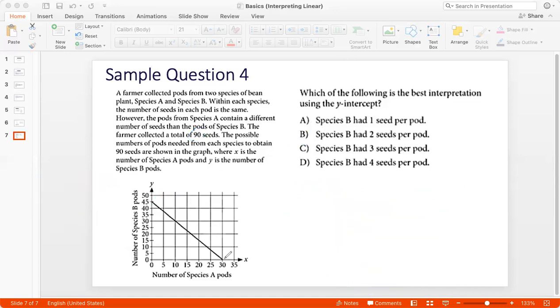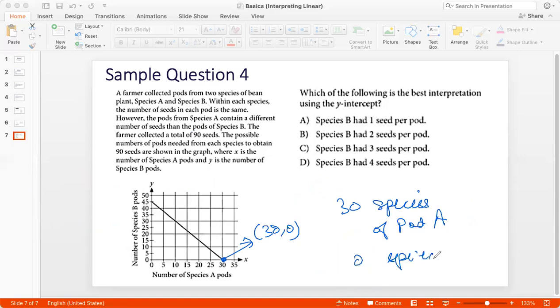What is the x-intercept? The x-intercept is (30, 0), which means 30 pods of species A and 0 pods of species B. And here also, he was able to get 90 seeds. So let's say the number of seeds per pod of species A is x.